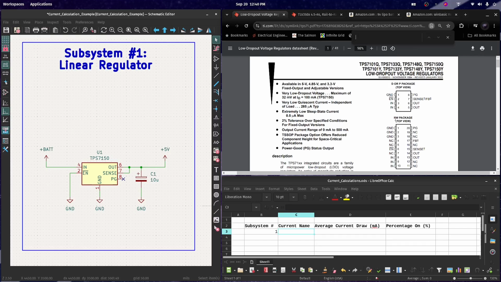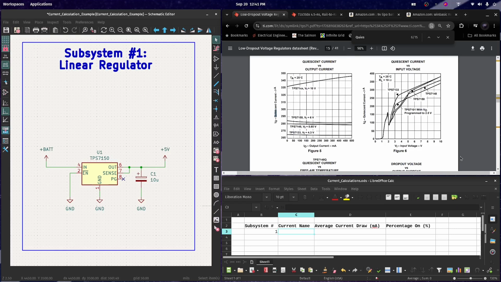Let's confirm this by searching for quiescent current. Here we have two plots, quiescent current versus output current, and quiescent current versus input voltage. Here we can see that the quiescent current doesn't change much based on the output current draw. However, the quiescent current does change based on input voltage.